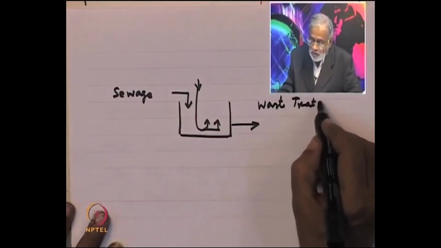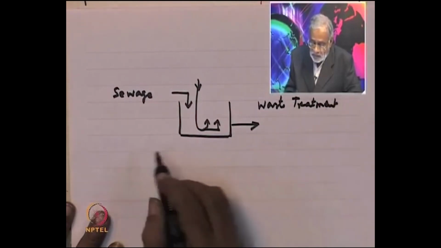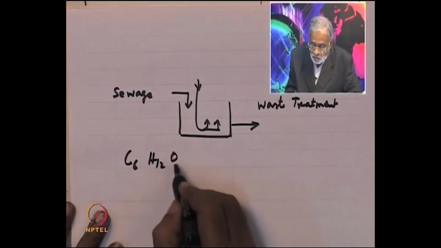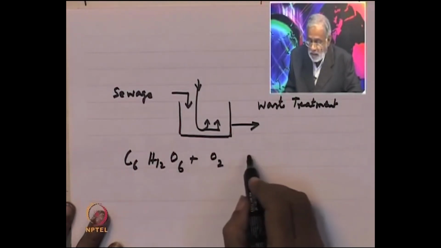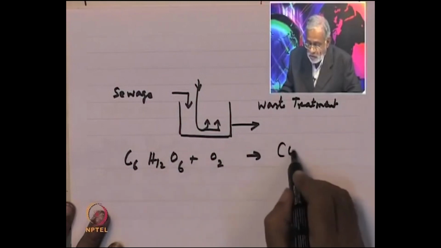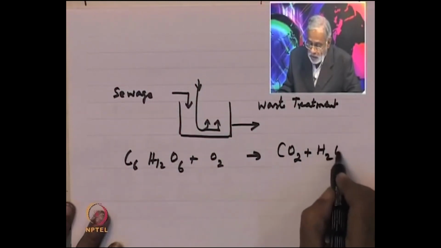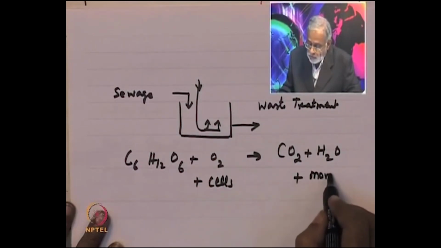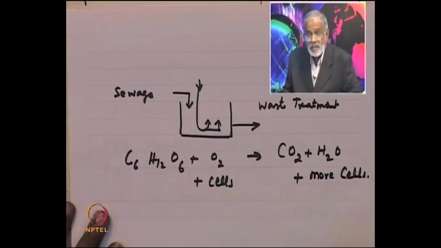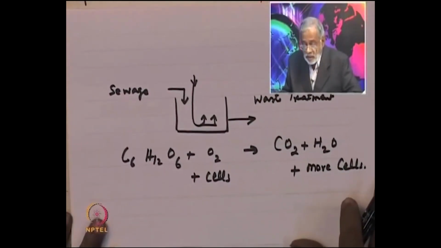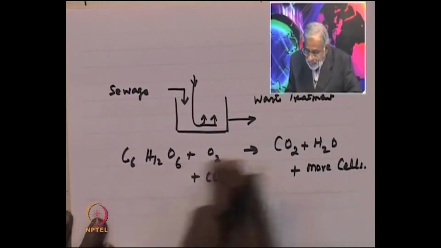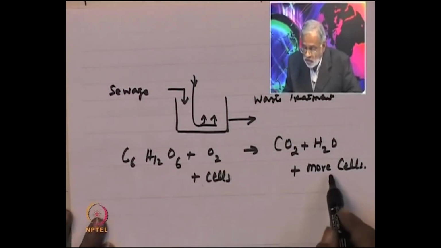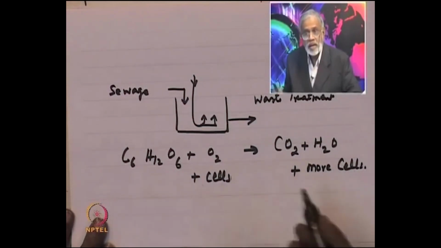Now, let us say sewage contains carbohydrate. You are putting in oxygen, so this gets oxidized and becomes carbon dioxide and water, and the cells present in the water produce more cells. This is another example where the whole reaction goes forward only if there are cells, and the cells produce more cells, and the effect of these cells is to further enhance the reaction.